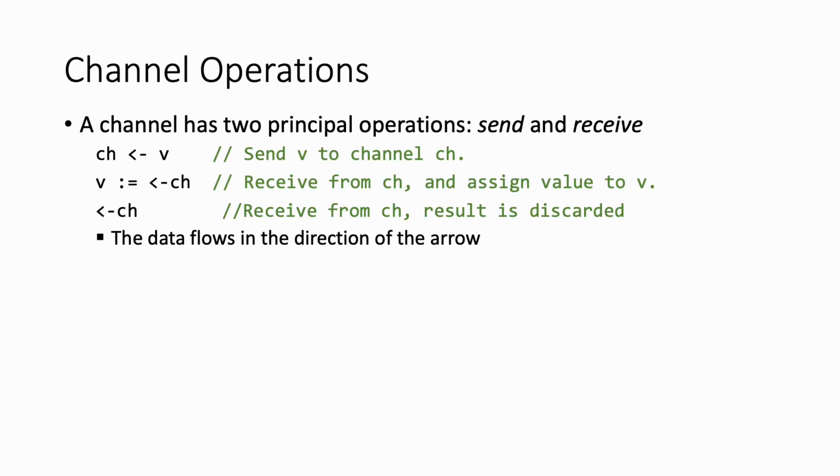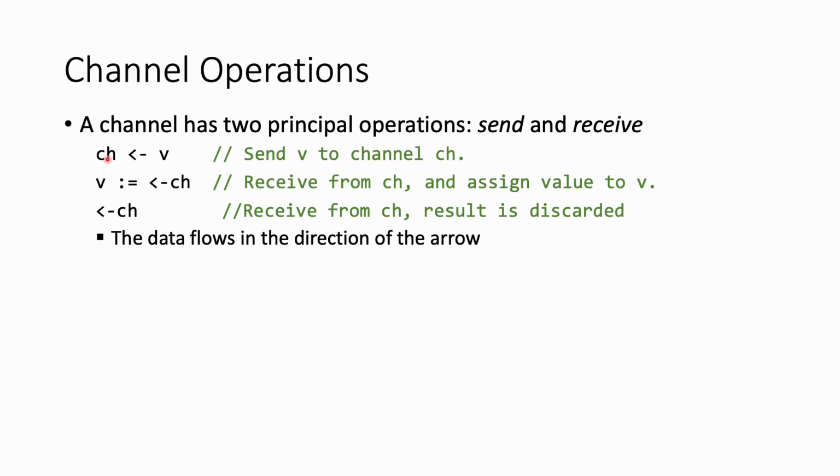A channel has two principal operations, send and receive. Both operations are written using the left arrow operator, which is denoted by a less than sign followed by a minus sign. The data flows in the direction of the arrow.